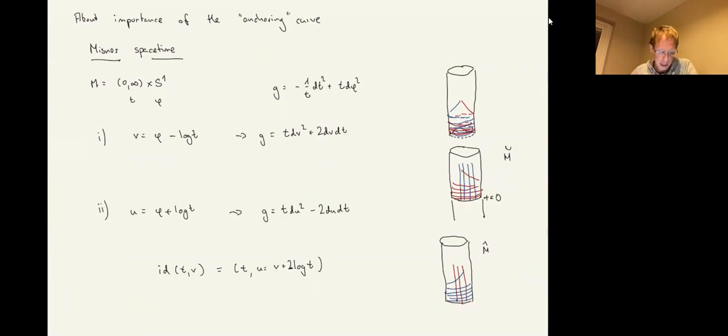So this example of the Misner spacetime shows that if you want a uniqueness theorem for extensions of Lorentzian manifolds, or boundary extensions of Lorentzian manifolds, as in Kruskal's case, you need an anchoring curve. Here in this example you don't have any curves which have limit points in both spacetimes.